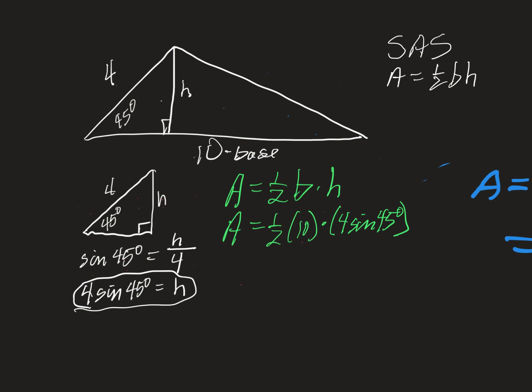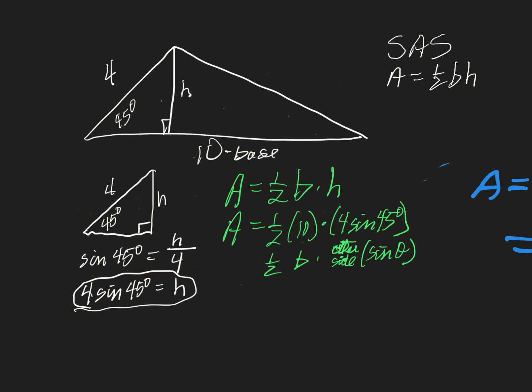And this basically mimics the formula that they gave you. The formula they gave you is 1/2 base times the other side. They give it a variable name, but we'll just call it the other side times the sine of the given angle. So the base is one side, and then you have the other side times the sine of the given angle.